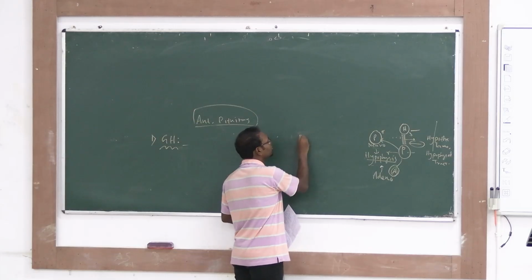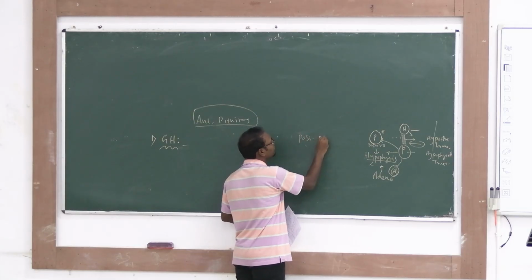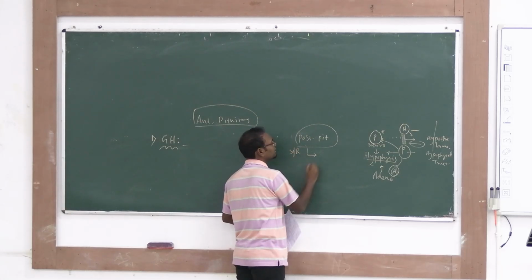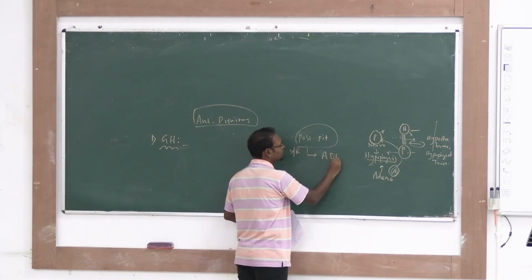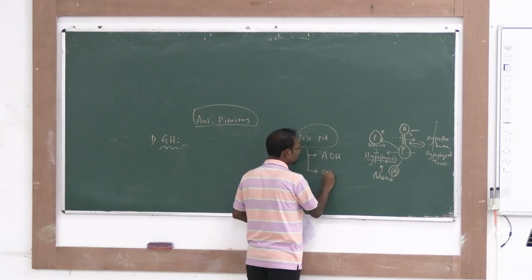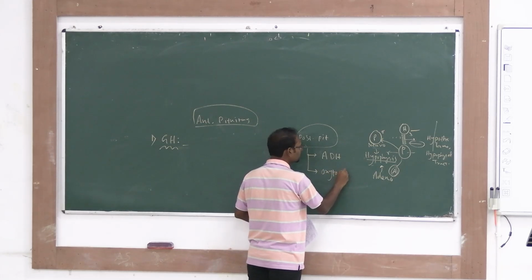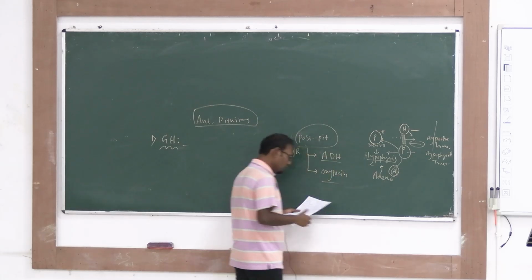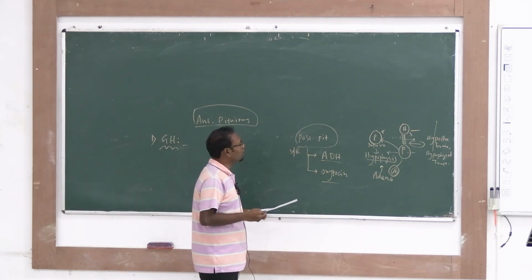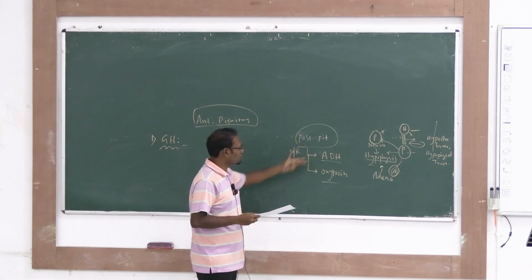Another thing I forgot, I would have to say it anyway. From the posterior pituitary, 2 hormones I already talked about that are stored and released: ADH and oxytocin. Now you can ask, sir, where are they released from then? They are not released from the posterior pituitary, right?